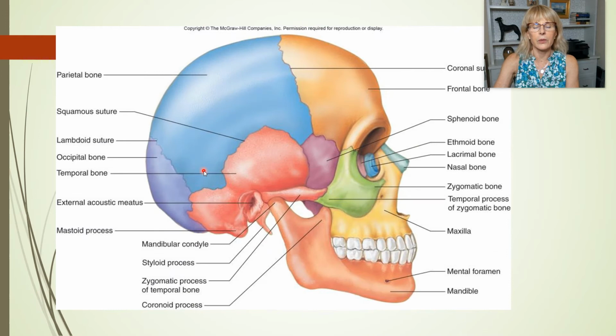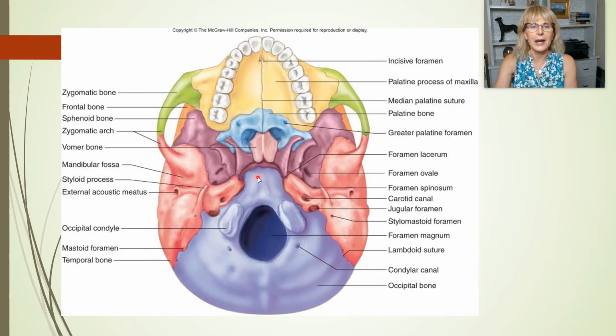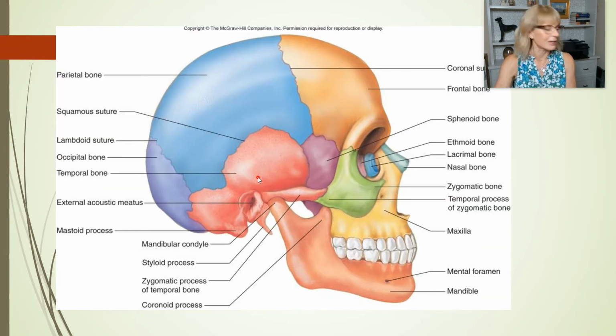Let me see if I got a better one. Here you go. So here you can see, here's your jaw, that's your mandible, and it's going to articulate in a part of the temporal bone. I don't really love the way this is represented here, but that's what we got, right? So the mandibular fossa. The external acoustic meatus.